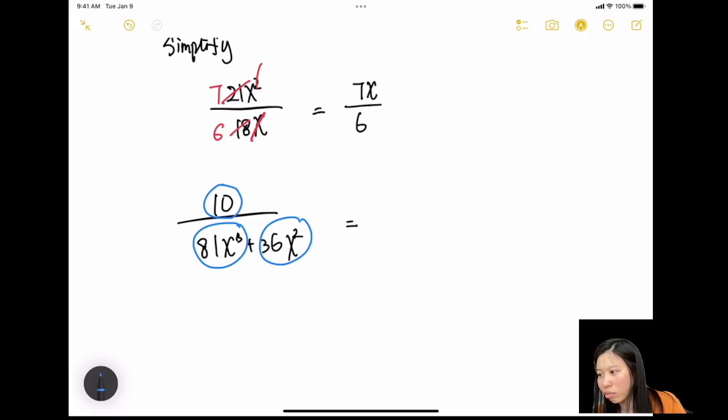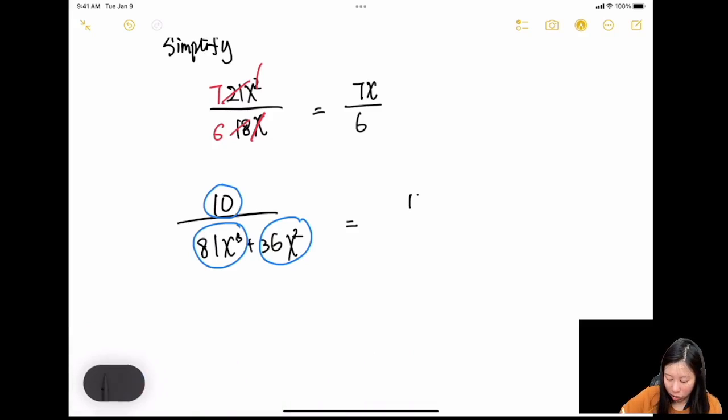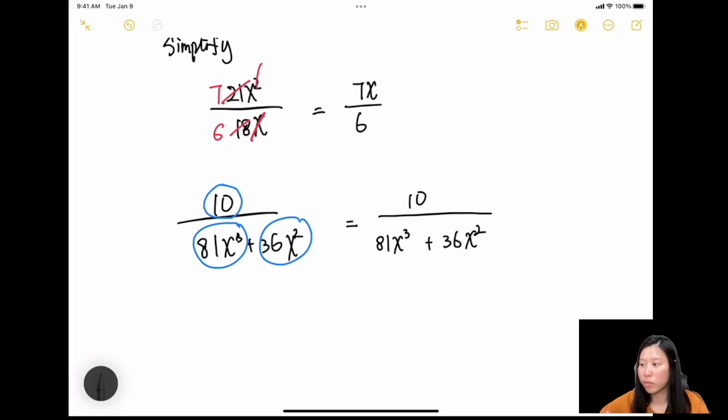Do they have any? As far as I see, I don't see any. But now let's try to simplify what happened to the bottom first. And then let me rewrite this. Since they don't have a common factor, we have 81x cubed plus 36x squared.